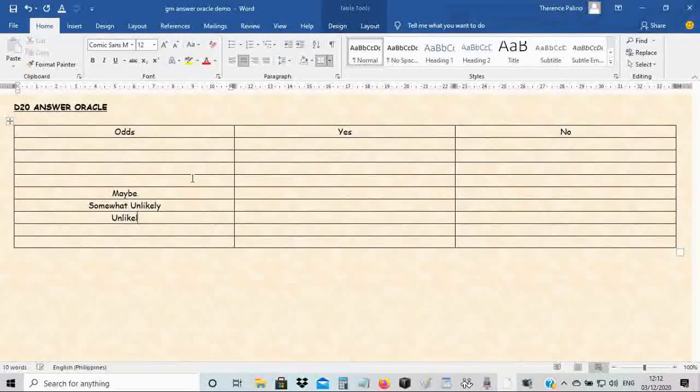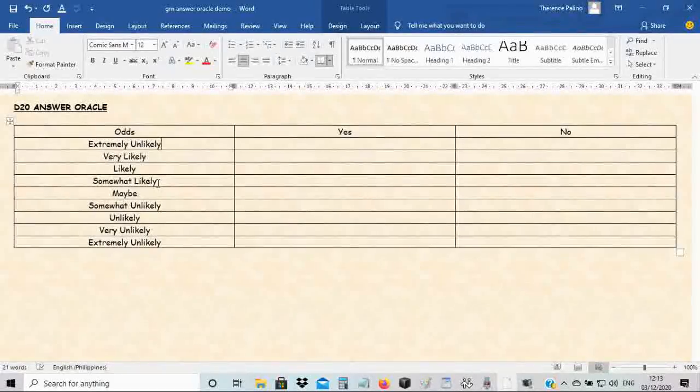Then unlikely, very unlikely, and extremely unlikely. And up here you'll have almost the same thing: somewhat likely, likely, very likely, and extremely likely.